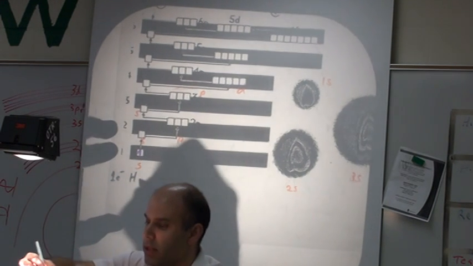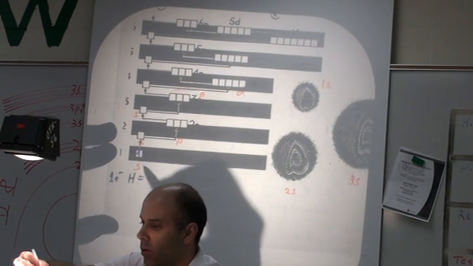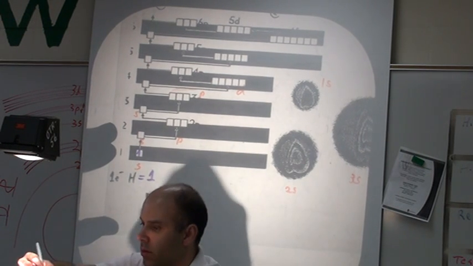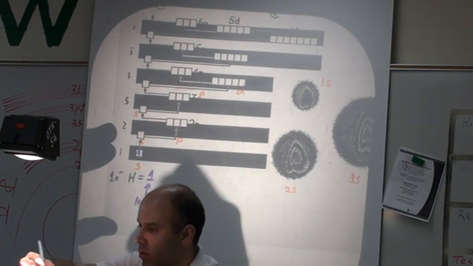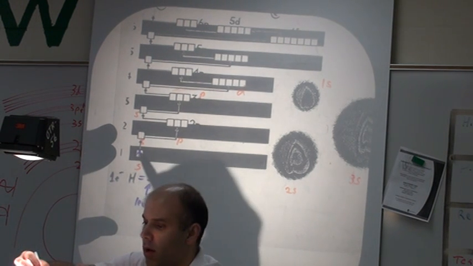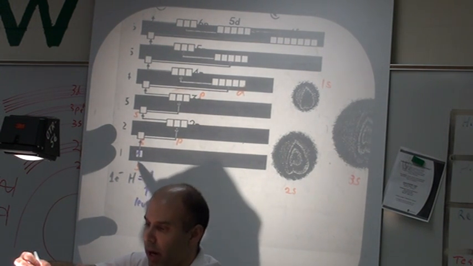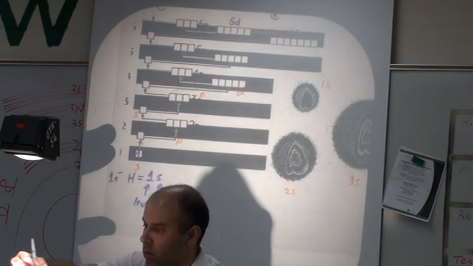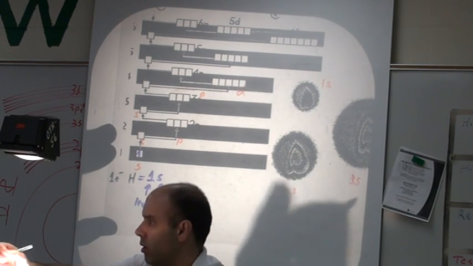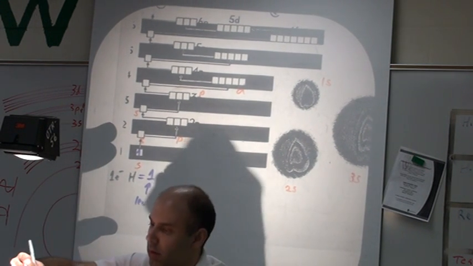Now how do I write this out? It's in the first energy level, so I write the number 1. So that's the level. What sublevel am I in? The s sublevel. And how many electrons do I have? 1.